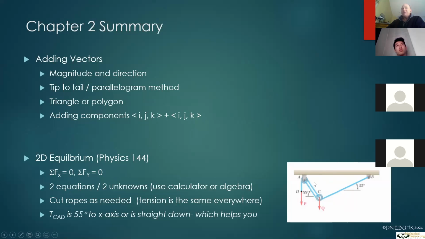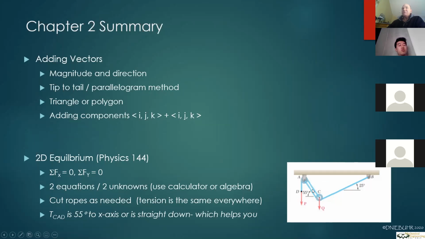And just remember that you can cut this cable anywhere you want. So even though P goes straight down at D, you can cut it over here at the location between C and A. So really what you end up doing is you draw C as your point, and then you have one line going off at 25 degrees, and then both of these cables going off at 55 degrees.